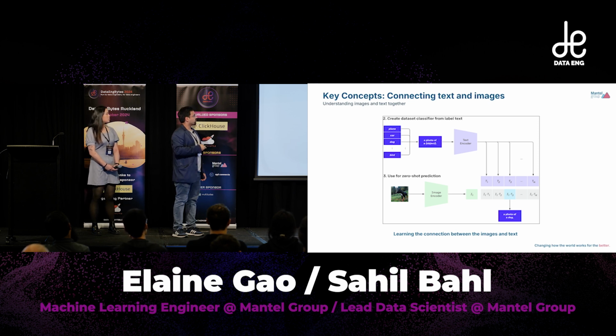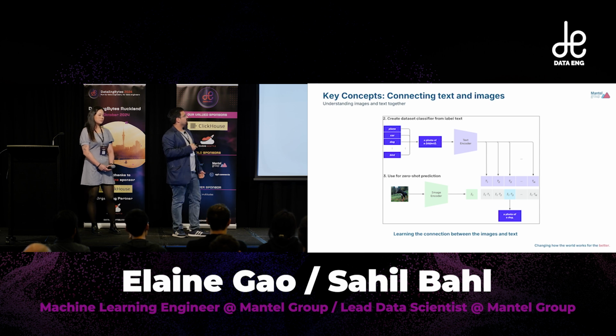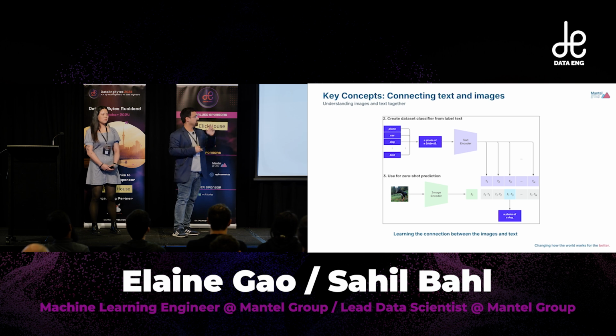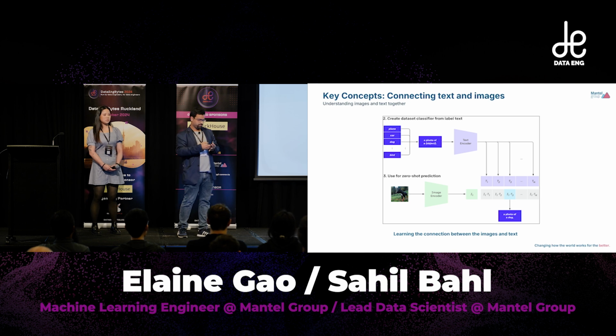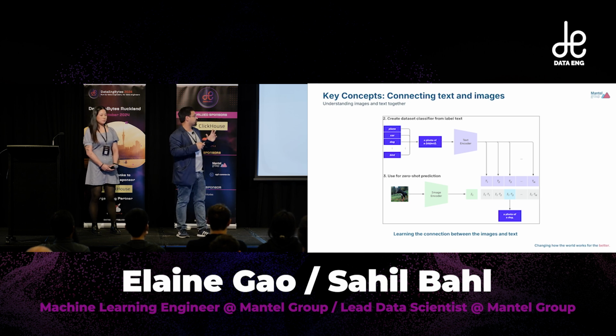We can basically say, okay, we'll take heaps of these dog images, and then we'll try and train a model that can learn to identify whether this photo is a dog, is a plane, or is a car. So essentially what it will do is it would take the text that you're providing with this sentence, and it will take the image and try and learn how to associate these two things together. And that's essentially the building block to be able to learn the connection between the images and text.